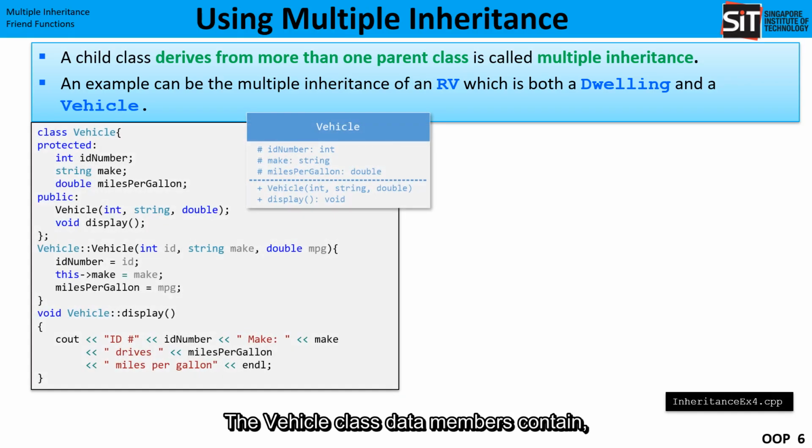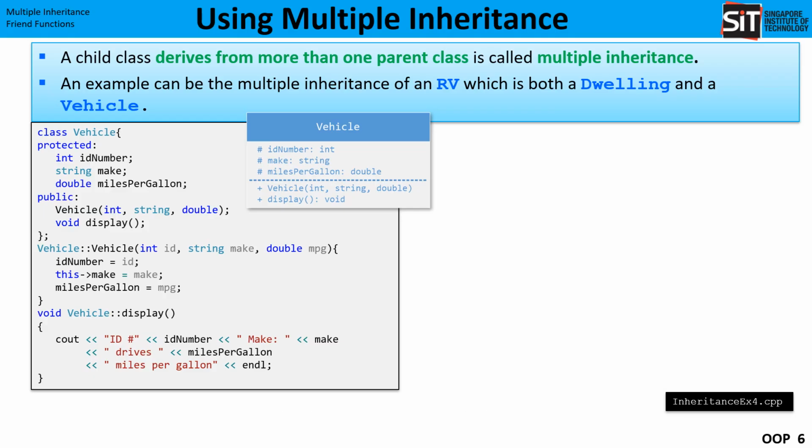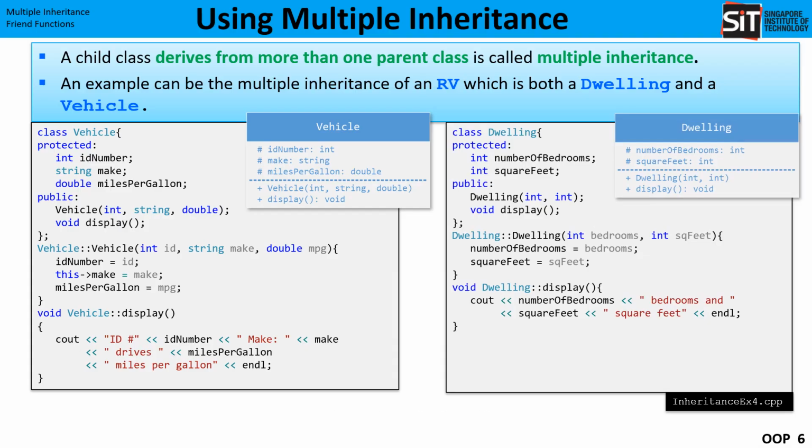The vehicle class data members contain the vehicle identification number, the make, and miles per gallon, simple constructors, and display. Another class is dwelling. It is something like a house, a flat, or a place of residence.